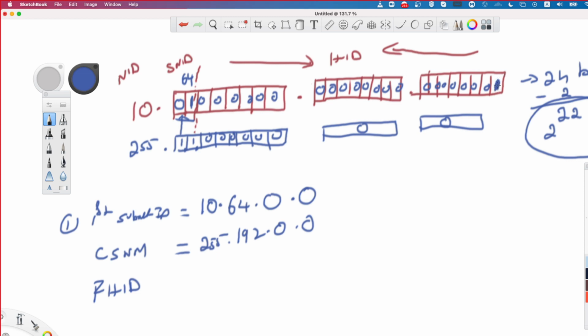If I keep the last bit as 1, now what happens? 10.64.0.1, because I kept zeros on all the bits of host ID but the last bit as 1.